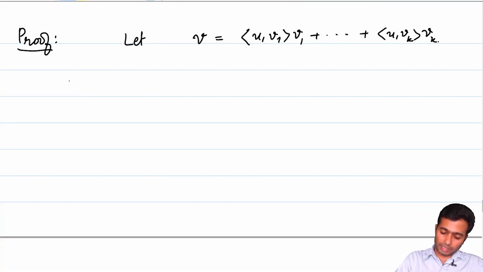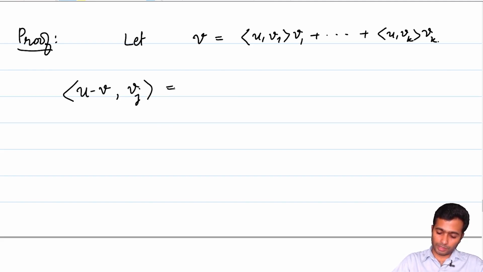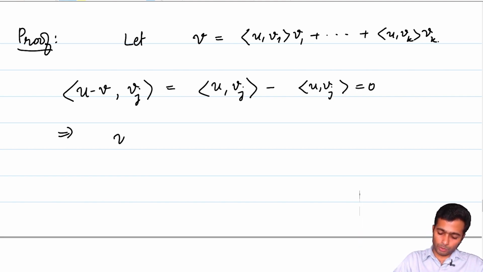Now if you observe that u minus v, if you look at the inner product of this with say vj, this is just going to be equal to the inner product of u with vj minus the inner product of v with vj, which I will just directly write as u with vj, which is equal to 0. So this implies that u minus v is orthogonal to vj for all j from 1 to k.